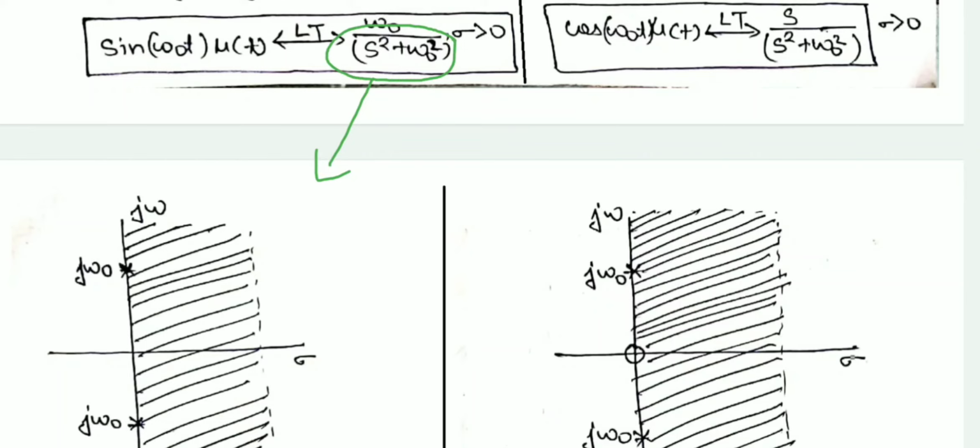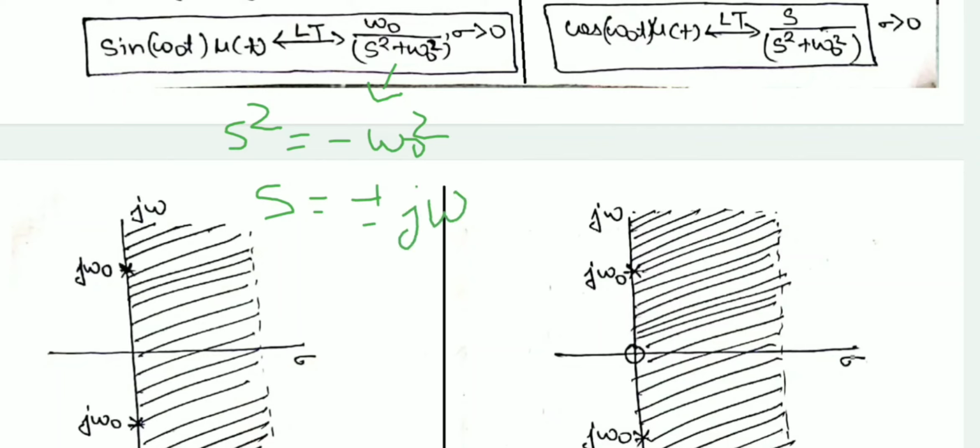The two poles are on the imaginary axis: s square is equal to minus omega square, so the value of s is plus minus j omega naught.